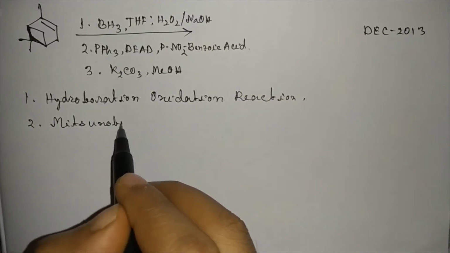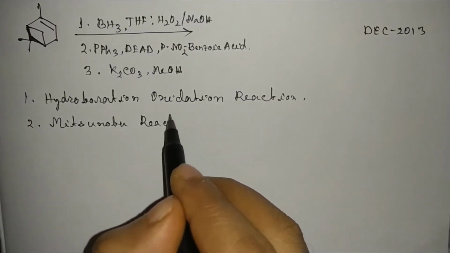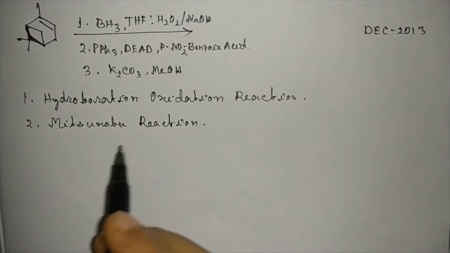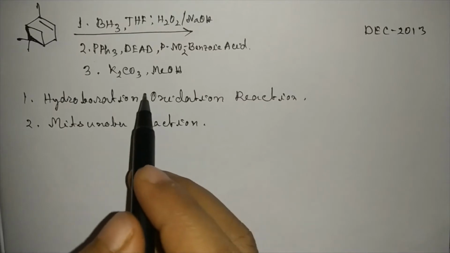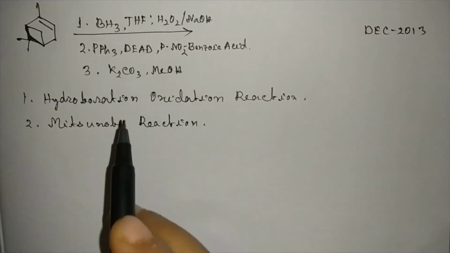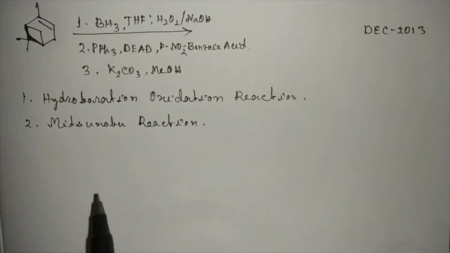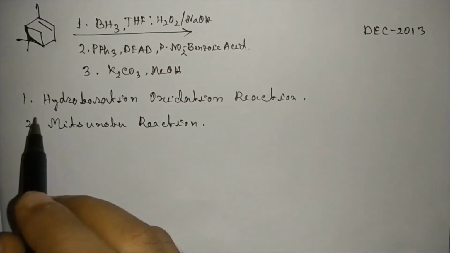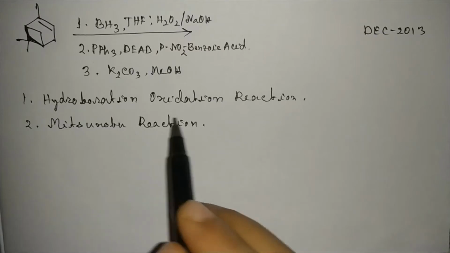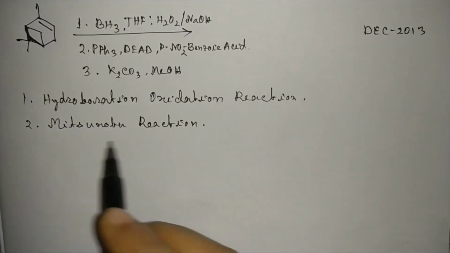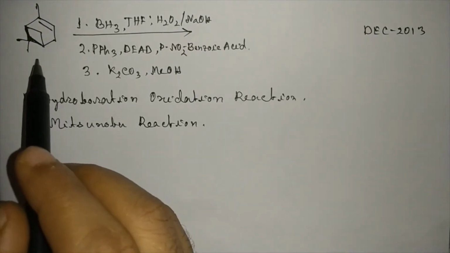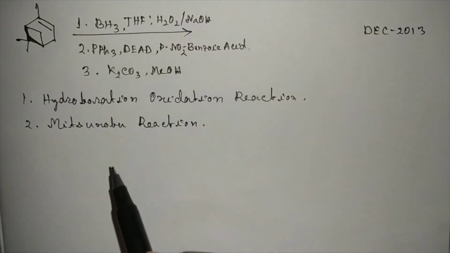And the third is a type of hydrolysis reaction, base catalyzed hydrolysis. So first we will see the general mechanism for hydroboration oxidation reaction and Mitsunobu reaction. Then we will go to the substrate for the final product.